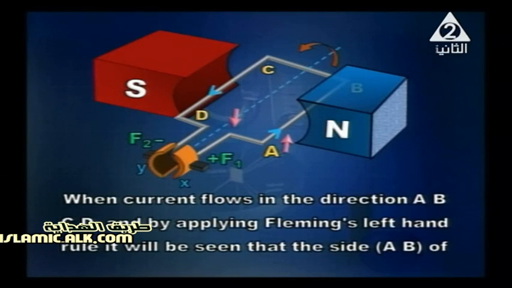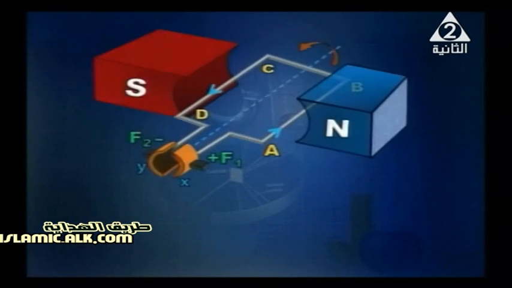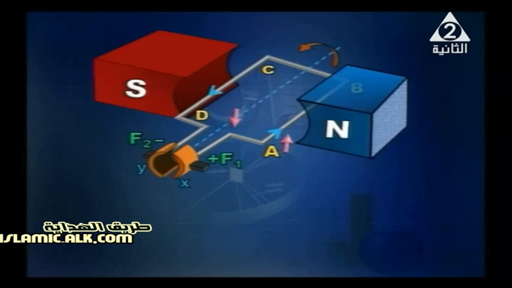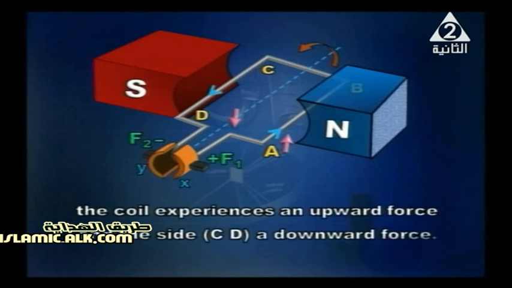If we want to determine the direction of the force, all you have to do is apply Fleming's left-hand rule. By applying it, it will be seen that side AB of the coil will be acted upon by an upward force, and side CD is acted upon by a downward force.